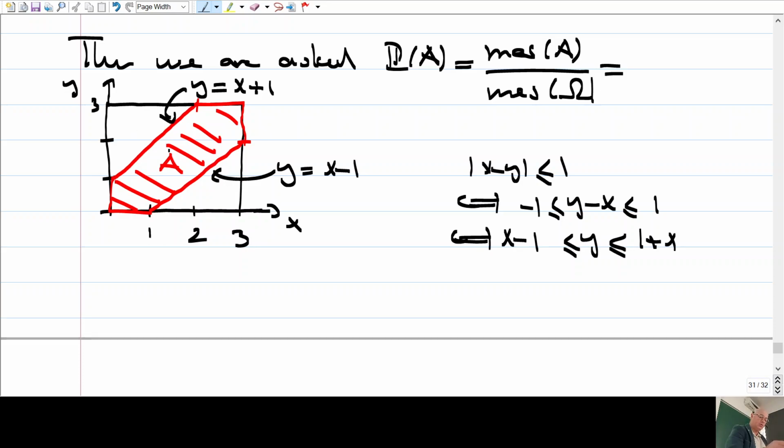Actually, these two regions together form a square of side length 2, so the total area of these triangles is 4. The total area of the big square is 9. So the area of A is 5, and the probability is 5 over 9. It is larger than 50%, right?